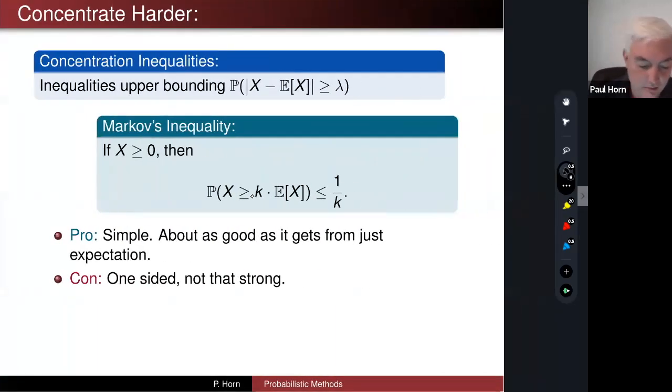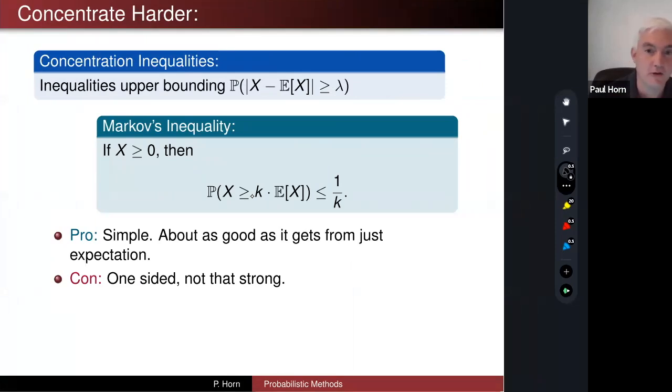But the simplest thing of this type is what's known as Markov's inequality. In some sense, that's what we've been using so far. Markov's inequality says that if you have something that's non-negative, then it can't be too much bigger than its expectation too often.